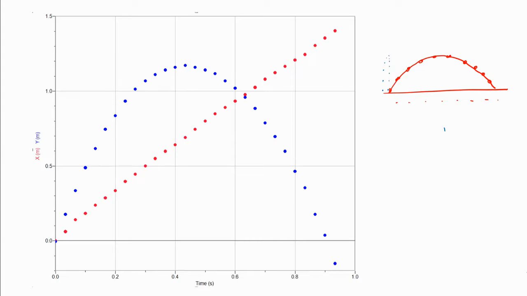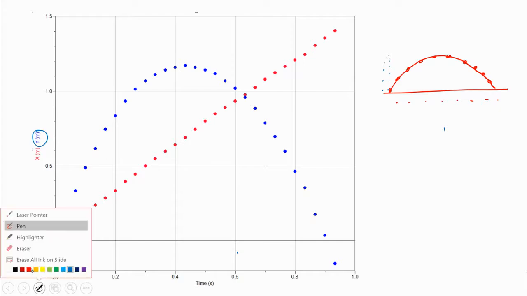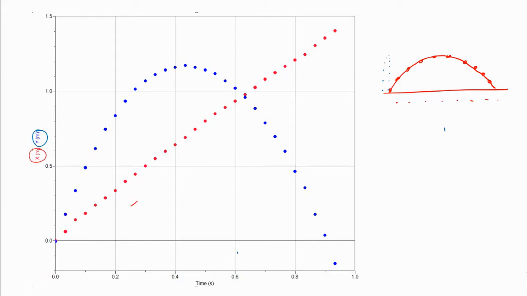Well, if we did that, we would get some graphs that look like this. In this graph, the blue is telling us the vertical motion, and the red is telling us the horizontal motion.